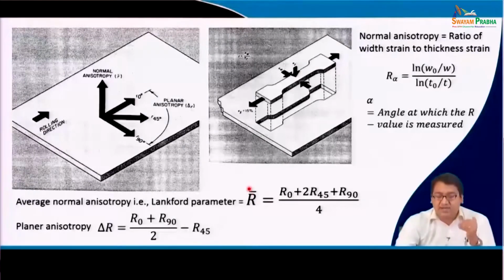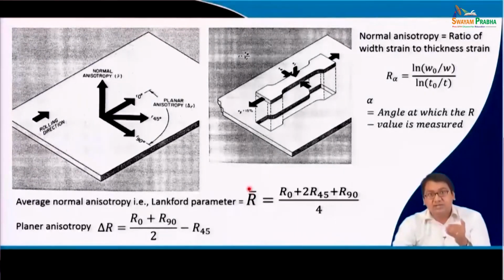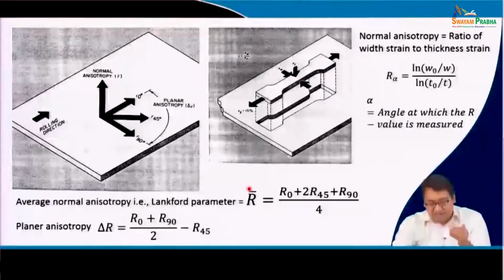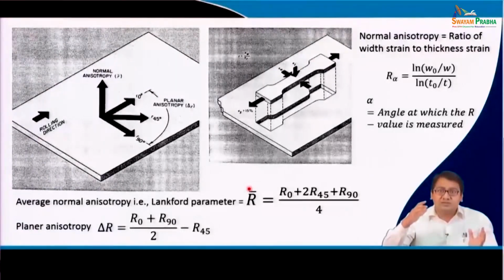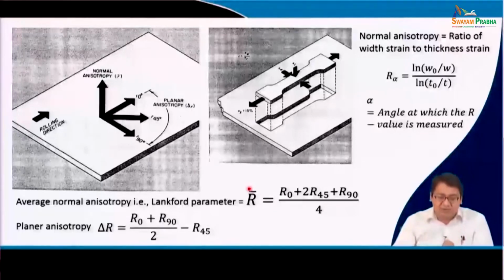So, the higher the R bar, the higher the anisotropy, and therefore texture leads to a larger yield locus and thereby higher deep drawing.